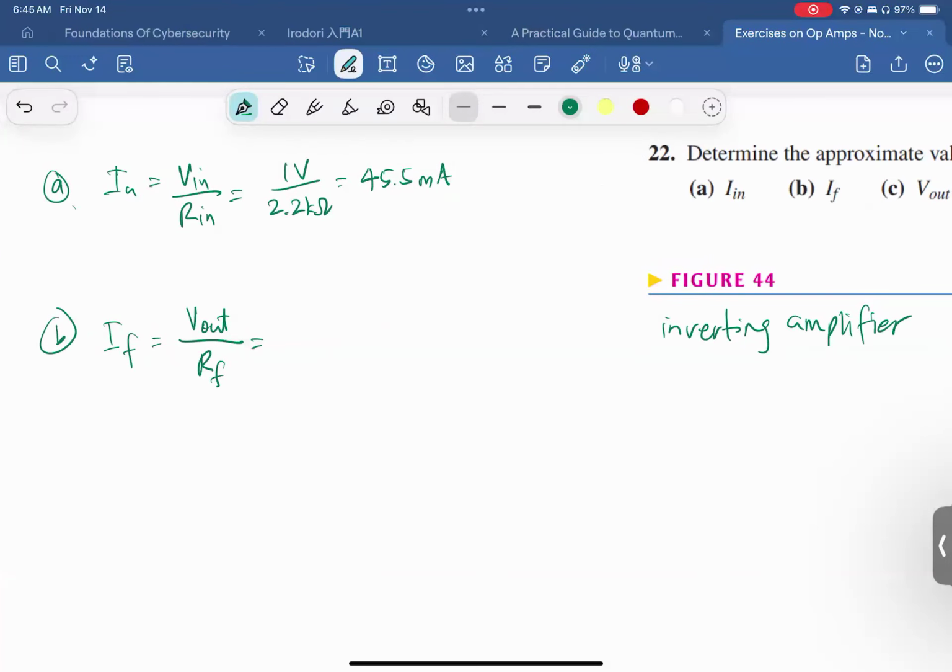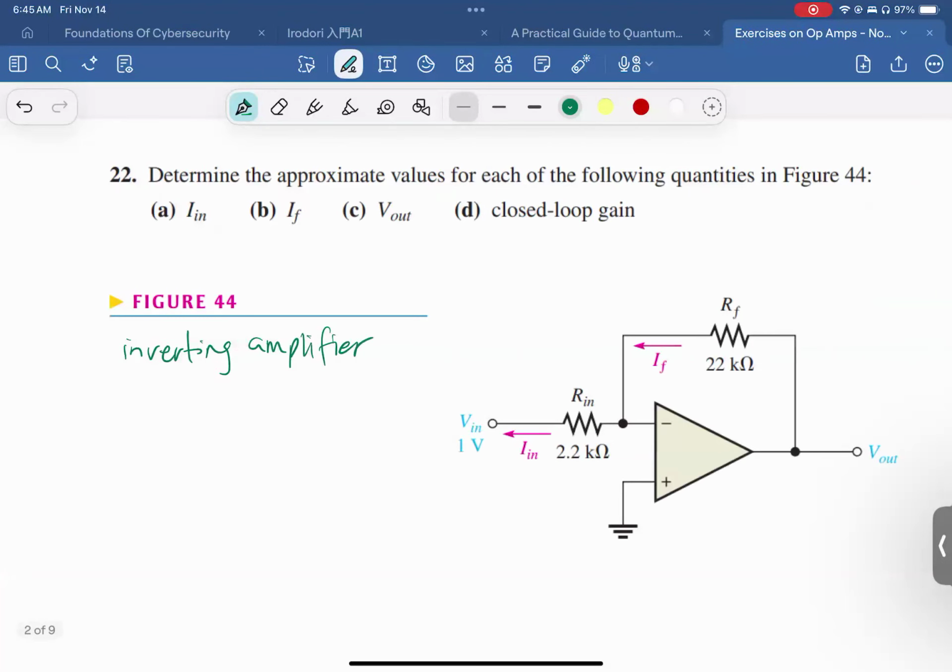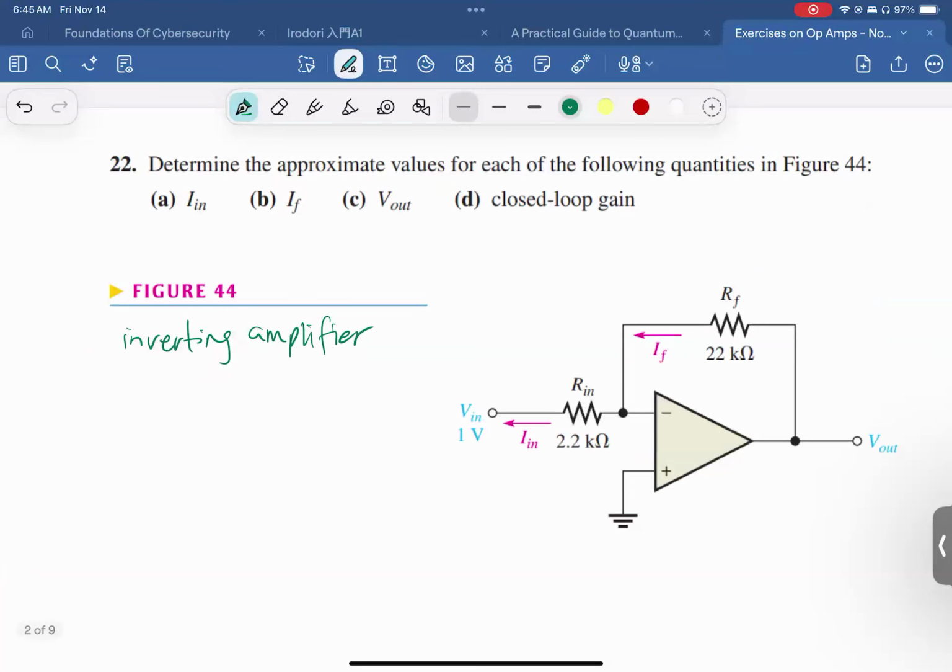But we do know na yung feedback current is just a negative of the input current. Kasi, di ba, dahil sa golden rule number 2, at this point, dapat zero yung voltage. Bakit zero yung voltage?